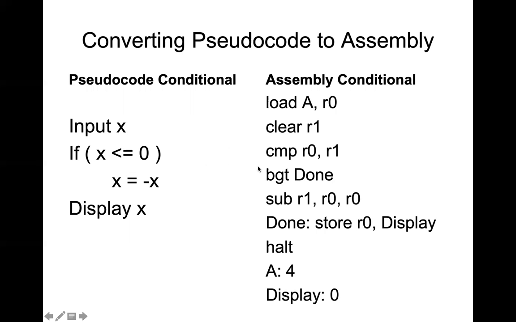So if we do the branch, we're branching around the conditional code, and we execute the conditional code only if we didn't branch. So if x is greater than 0, we branch, and we only execute the conditional code if x was less than or equal to 0.